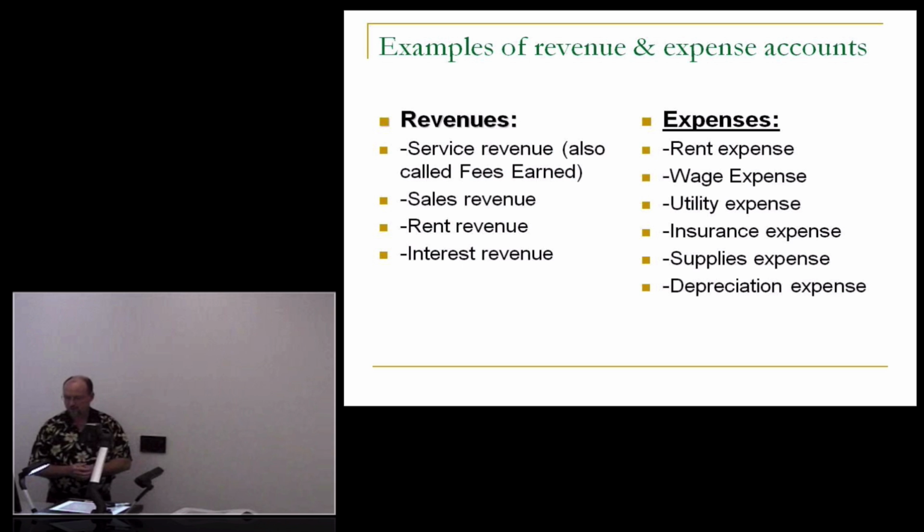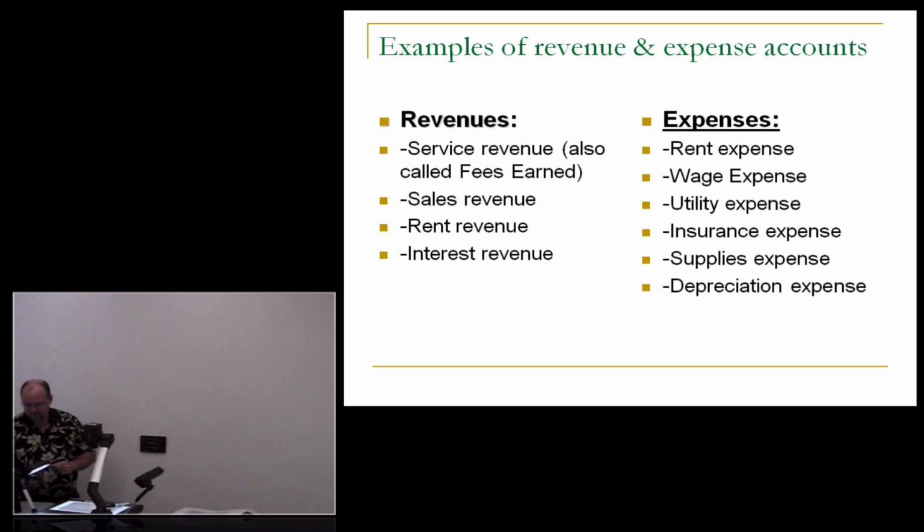We could also have rental or rent revenue. We can have interest revenue when we earn interest on money in the bank. If we own stock in another company and they pay us a dividend, that would be dividend revenue. Royalty revenue, there's a variety of different types of revenues depending upon the nature of your business.